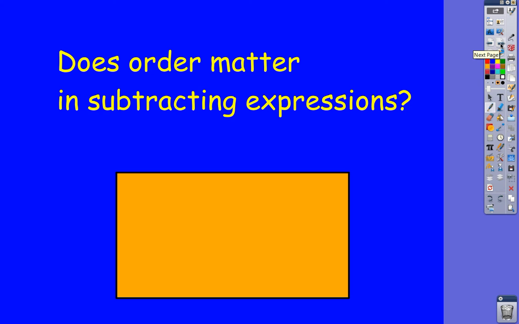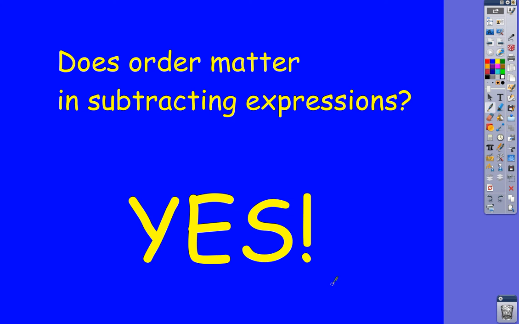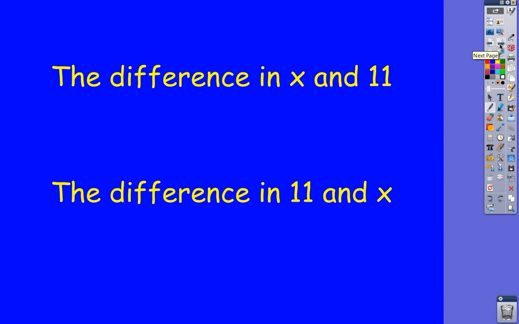Okay, now let's talk about subtraction. If we are subtracting, does the order matter? In this case, the answer is yes. What we mean by that is if I'm finding the difference between x and 11, that means x minus 11.